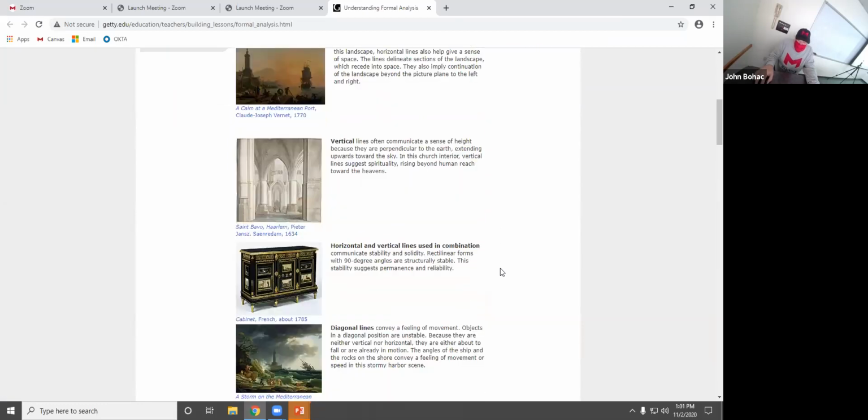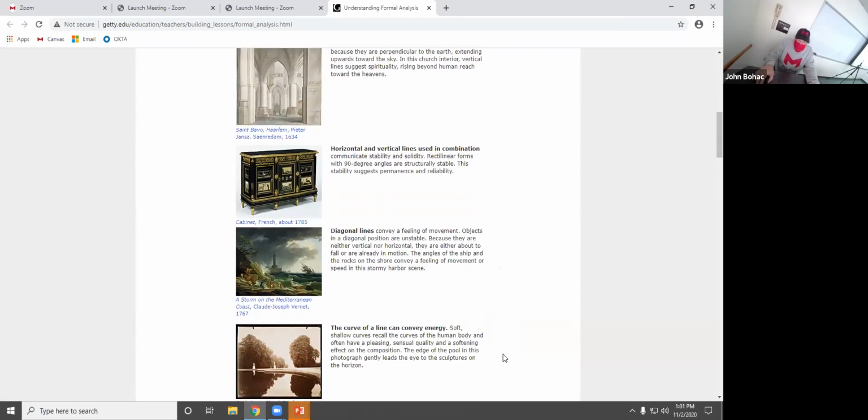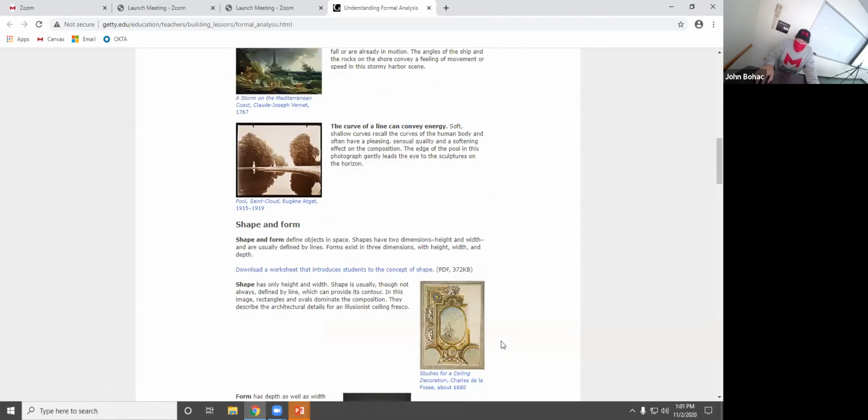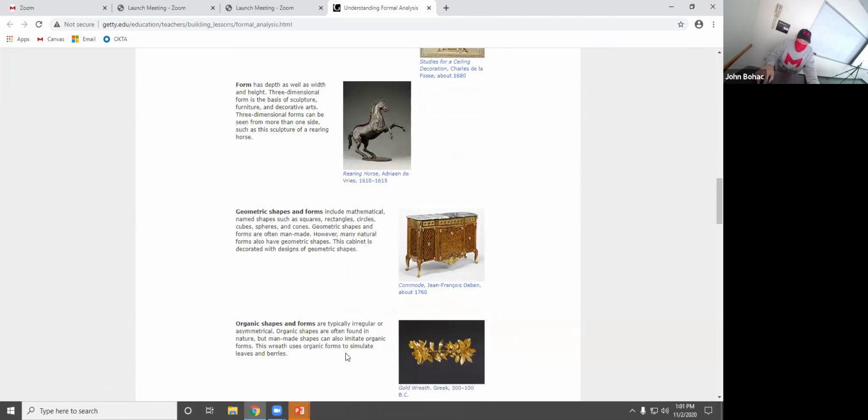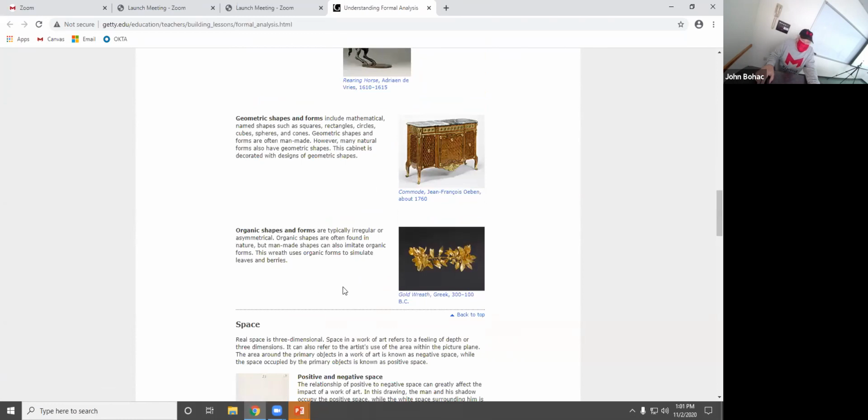without the imagery. And so diagonal lines and a curved line, and shape and form, all of this. And whatever you choose, it may or may not demonstrate the use of all of these things. Certainly, geometric shapes and forms are pretty common, but oftentimes the artists, the architects, the sculptors don't use anything resembling geometric shapes.